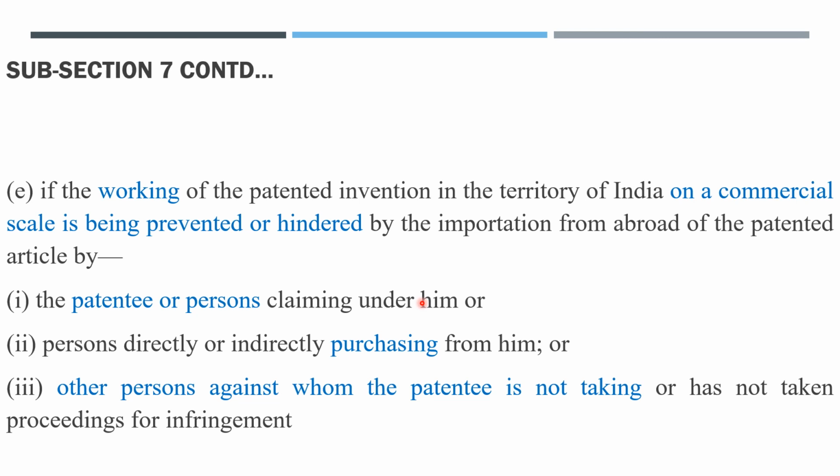Please go through all the subsections and try to grasp the essence of these subsections. And I must say, friends, Section 84 is a very important section, and whenever Section 84 is uttered, just remember it is compulsory license. You have to set this in your mind.